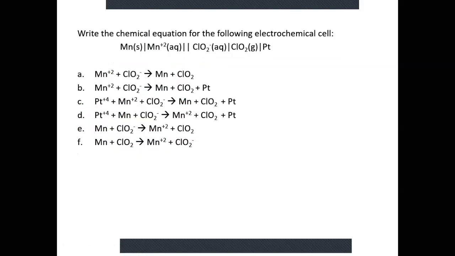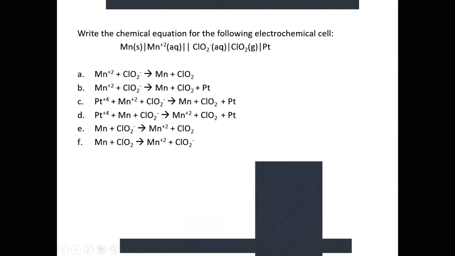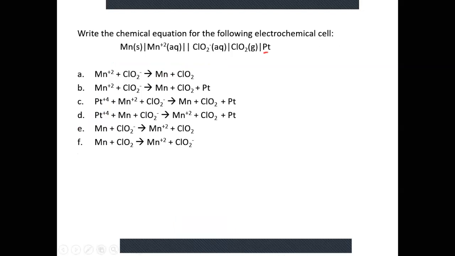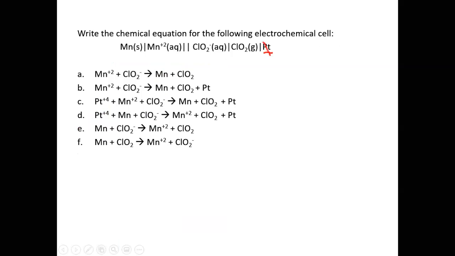Next, we want to write the chemical equation from the electrochemical cell. What we have to remember is that since platinum is an inactive electrode, we can disregard it. Every reaction that has platinum, we can omit. So we can omit B because it has platinum, C has platinum, and D has platinum. Because it's inactive, it shouldn't be in the chemical reaction.